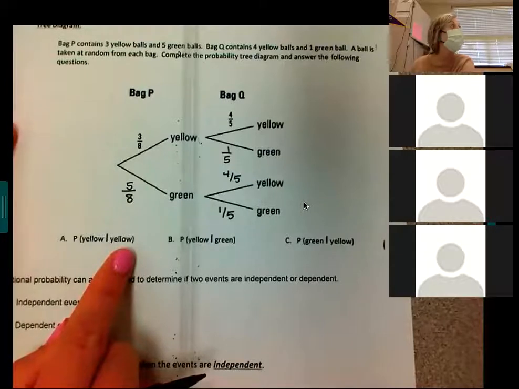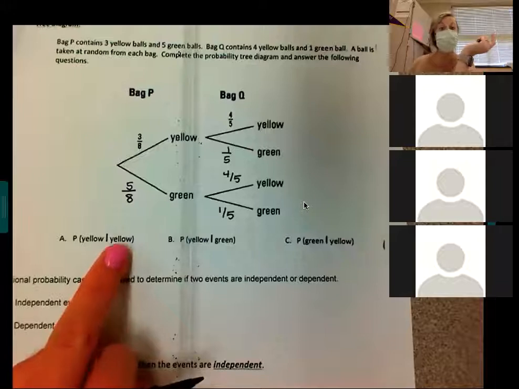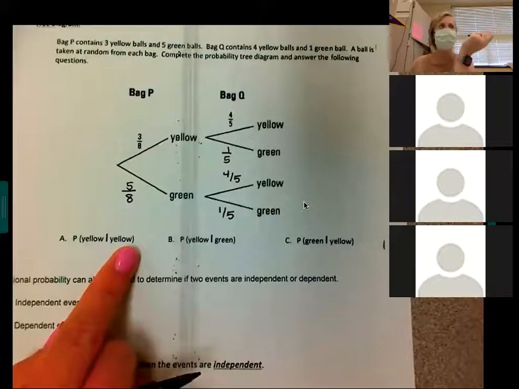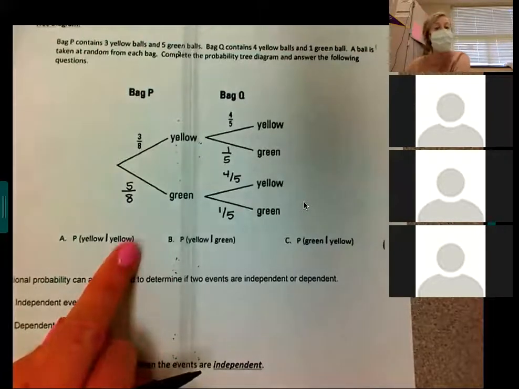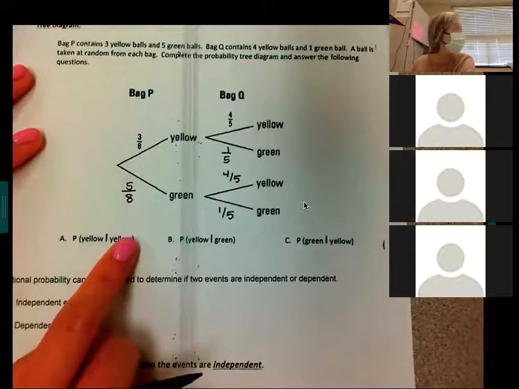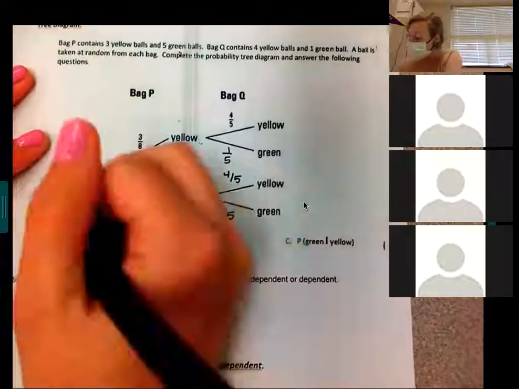Okay, yellow from the bag P, the first draw. Given you drew a yellow the first time, you can't say given you draw a yellow the second time, what happened the first time? That doesn't make sense. Trees go in order. So given you drew a yellow the first time, our probability in the denominator is 3/8. Good.